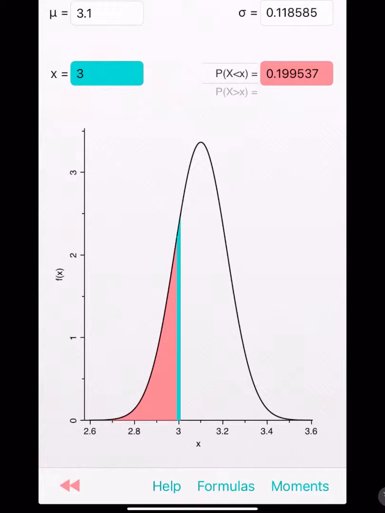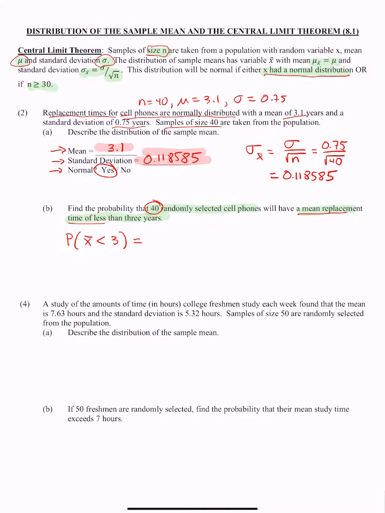So again, we have the mean is 3.1, the standard deviation for the distribution we're interested in, and x is less than 3. So that was equal to 0.19957. If I were to round this off, I would just call it 0.1995. Very close to a 20% chance.